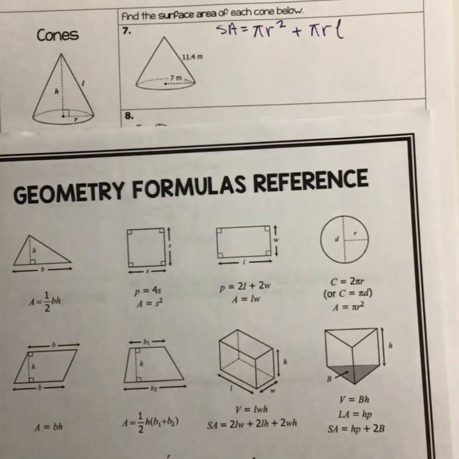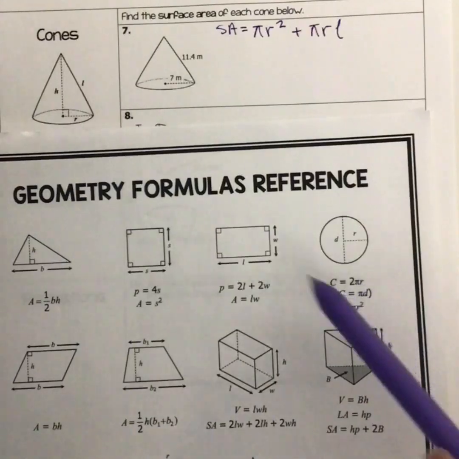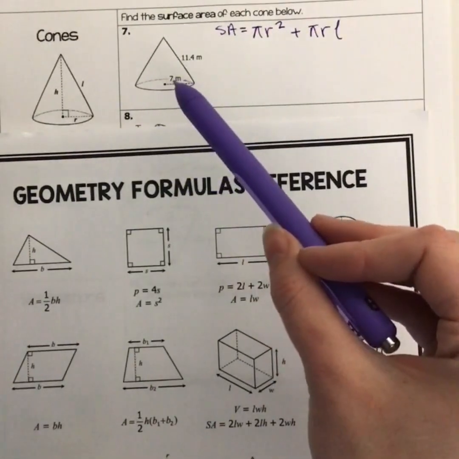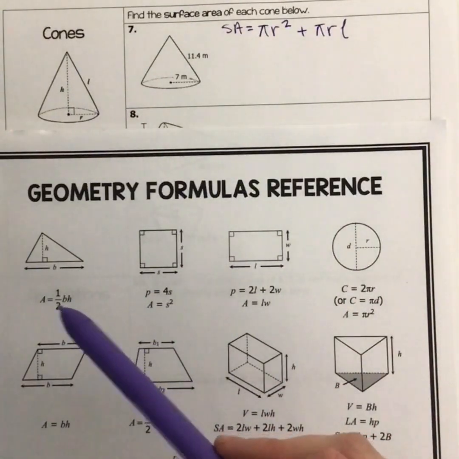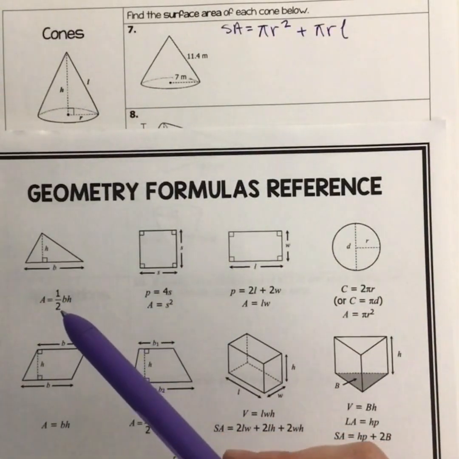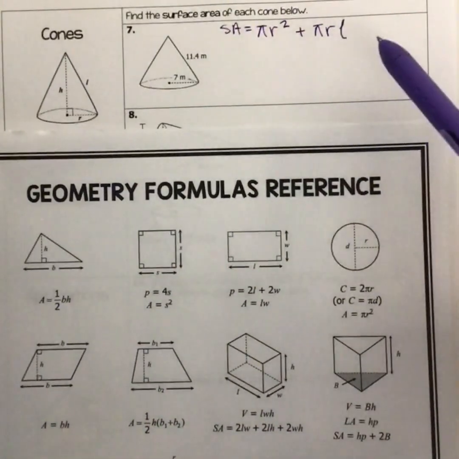We know that a circle has a circumference of 2 pi r. And I only have one circle here. However, a triangle, to find the area of a triangle, you use 1/2 base times height. So that 1/2 cancels out my 2 for this pi r L here.